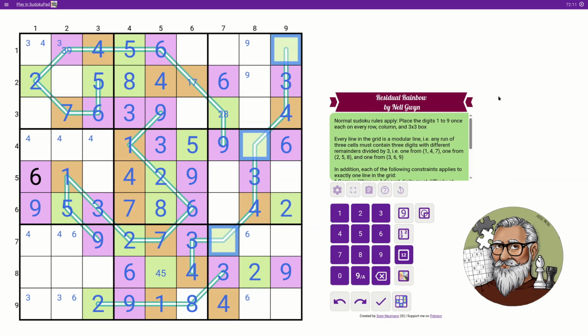Right. So what was that? 5 or 8? It's not 5, so it's definitely 8. This becomes another 2. Now this should be resolved, right? Hopefully.